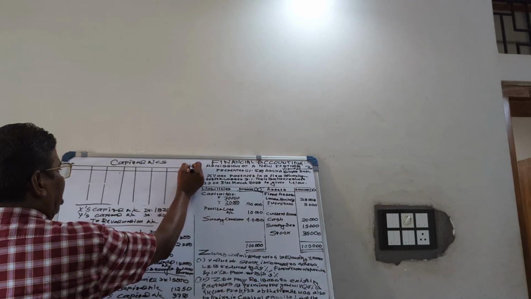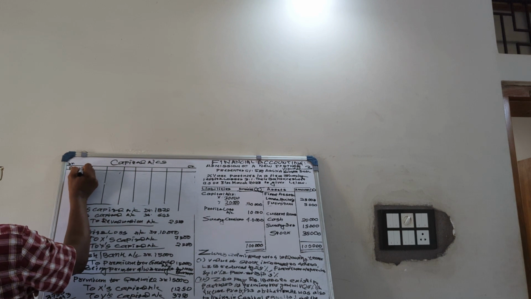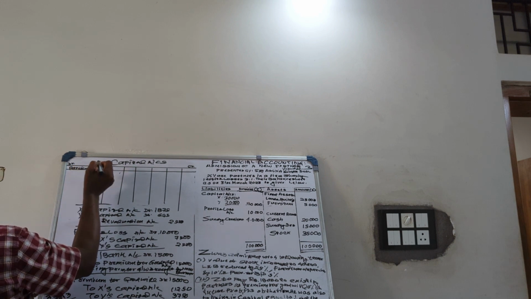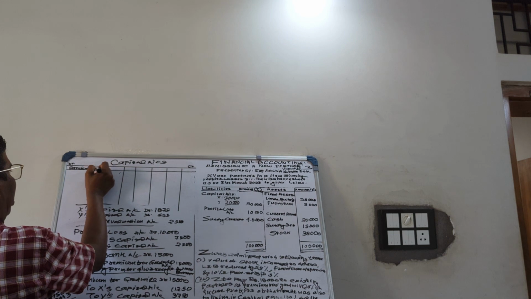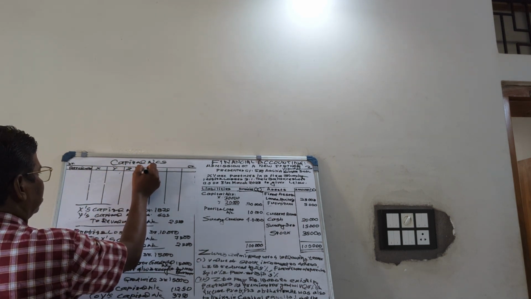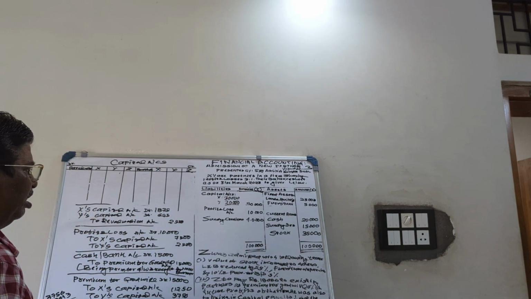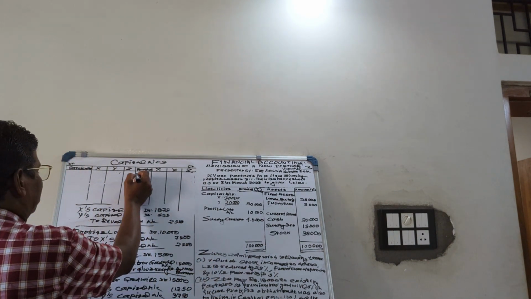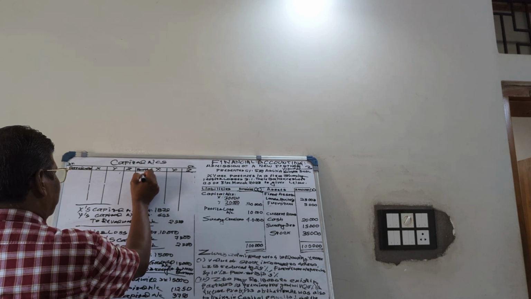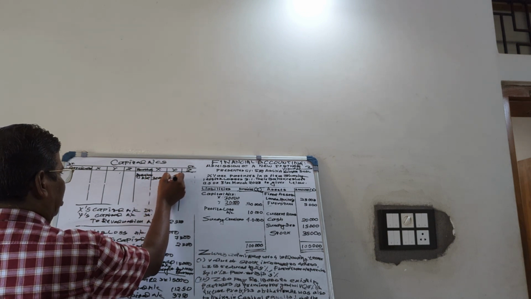Right hand side is credit side, write C here. Here we'll write particulars, then X, Y, Z. Here also particulars, X, Y, Z. So we will write the opening capital of X and Y, which is a credit balance, by balance brought down. It is 30,000 for X and 20,000 for Y.